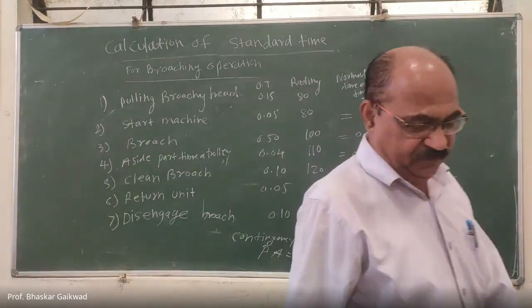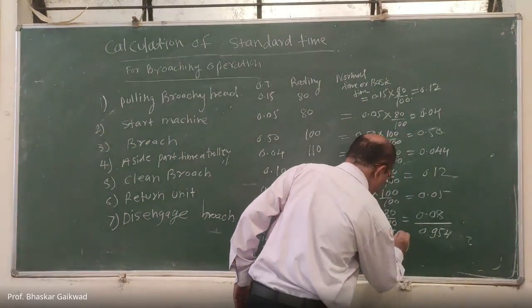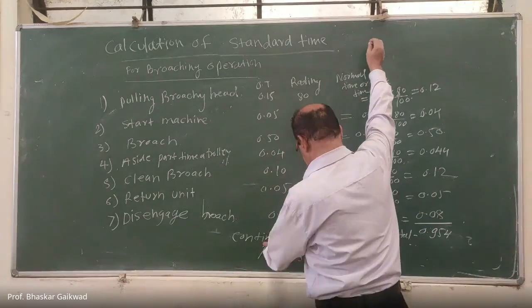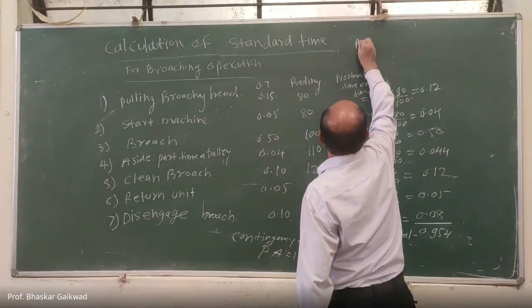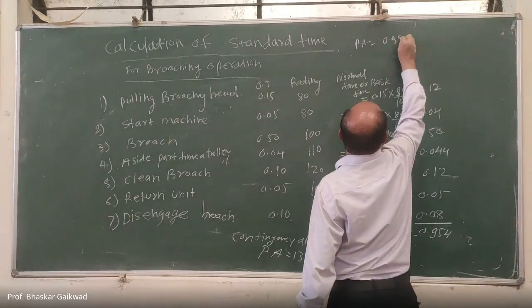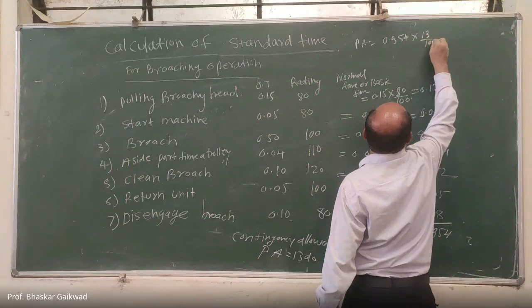Now we can calculate the personal allowance and after this the contingency allowance. So this is actually our total. Personal allowance is equal to 0.954 into 40 divided by 100.